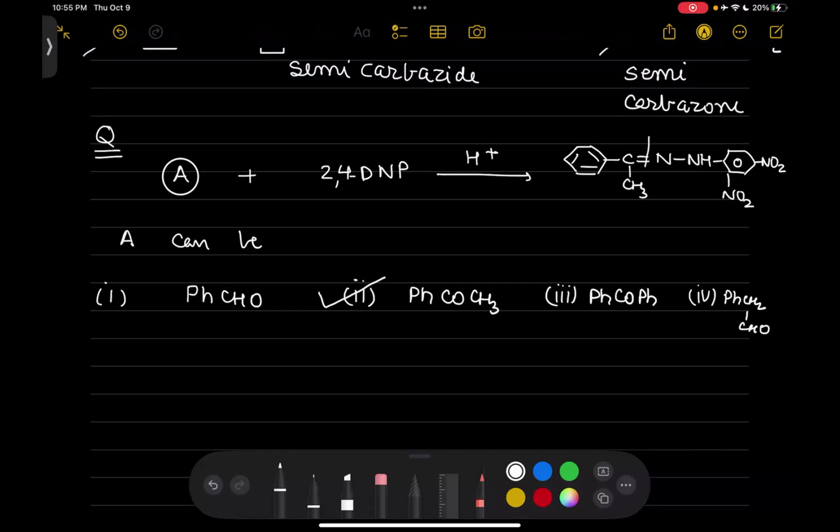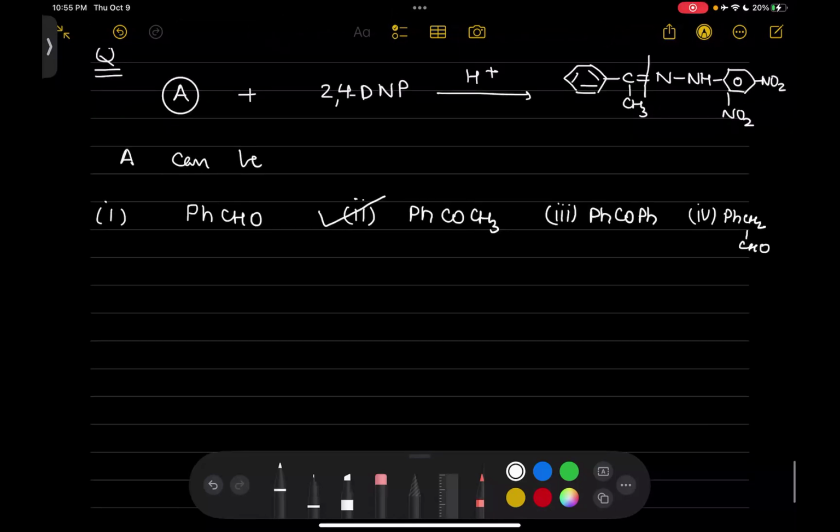So you need to break this, and that was NH2 and this was the C double bond. So PhCOCH3, this is acetophenone. That gave this product. Got it? Very, very famous question and a very famous mistake.